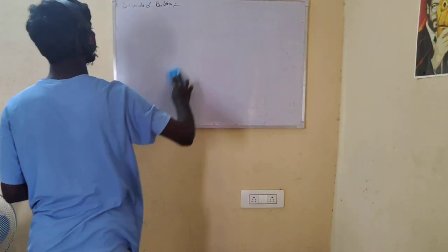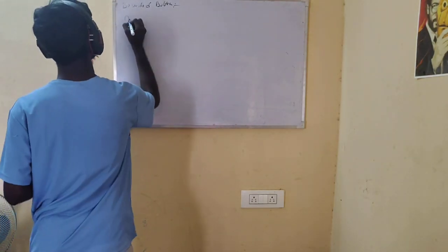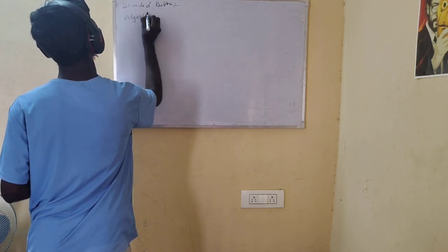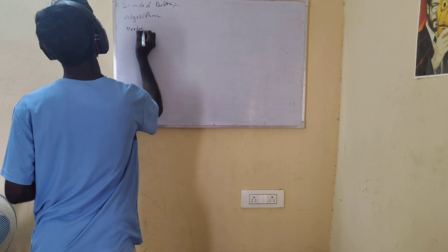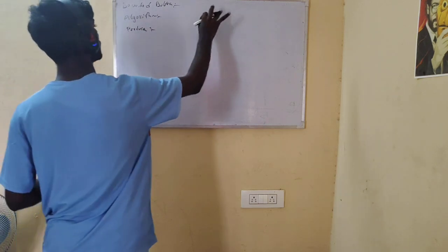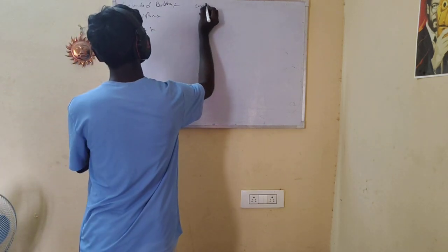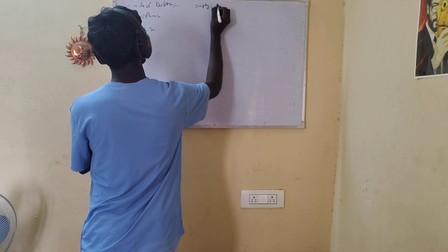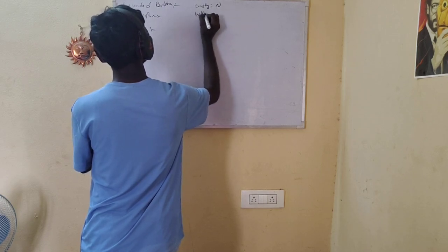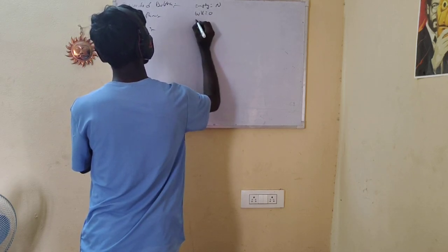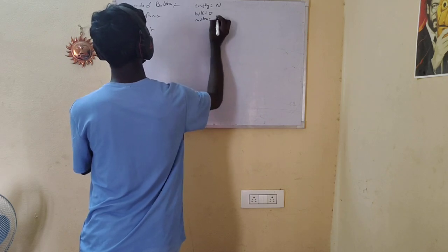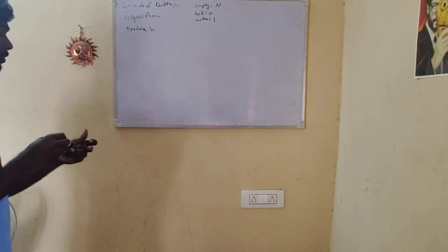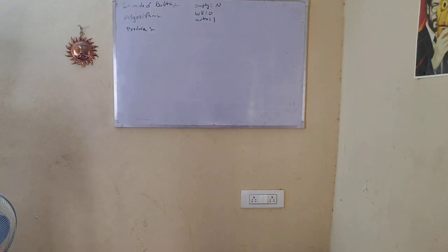The algorithm for this problem: here we have three variables, empty, which is set to n, full, which is set to 0, and mutex, which is set to 1 initially. Here mutex refers to mutual exclusion.